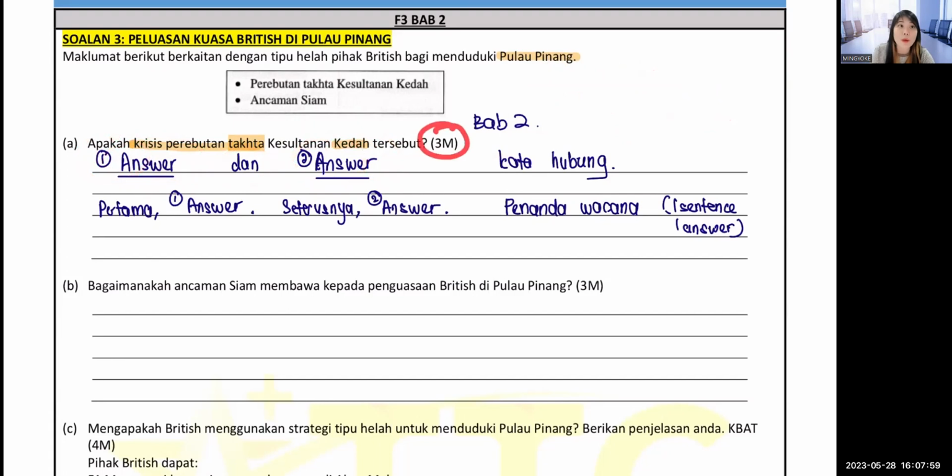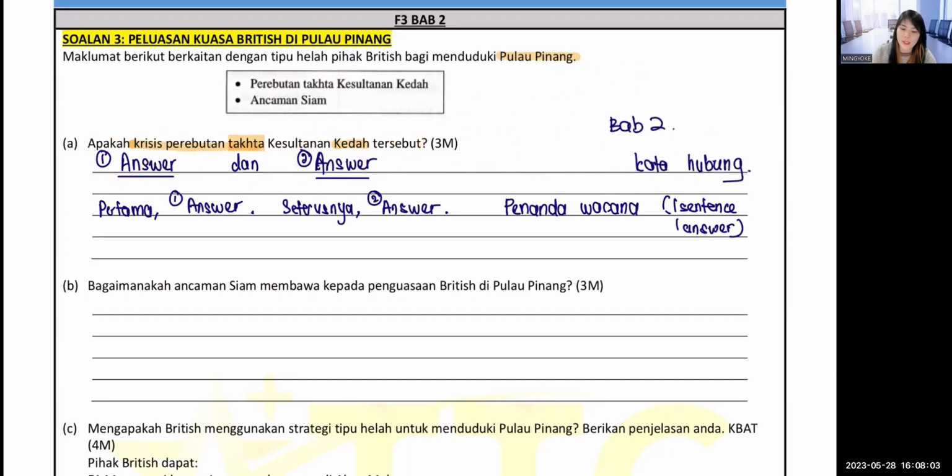If it's 3 marks, what do you do? If you use kata hubung, you can put answer, comma, answer, then the third mark, full stop. Like that.